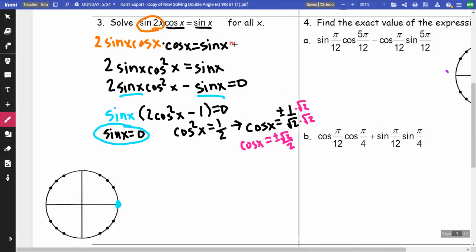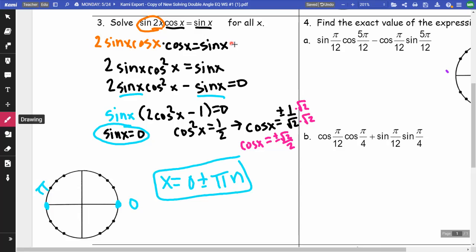So y is 0 here at 0, and y is 0 here at pi. So that's pi away again, so that's going to be 0 plus or minus 2 pi n. So not 2 pi n, I apologize. It's pi away, so just pi n. So that's one set of answers.